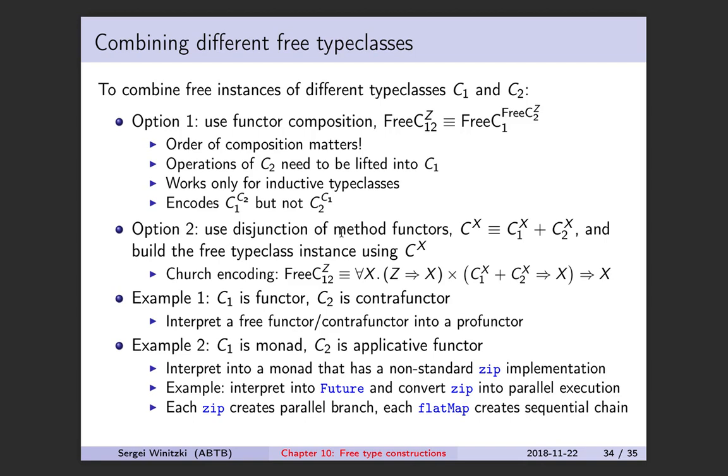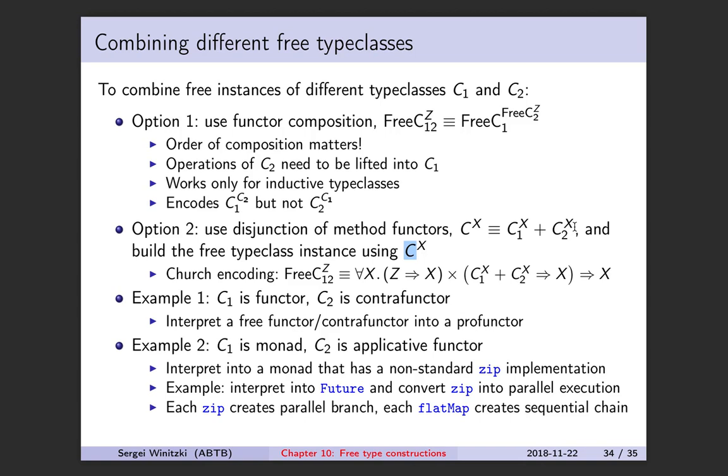The second option is to use the disjunction of method functors, and then you build the free type class instance using this C. In other words, you make a new type class that has all the methods of the previous type classes.